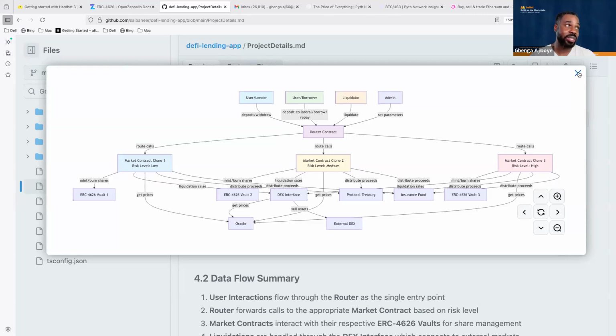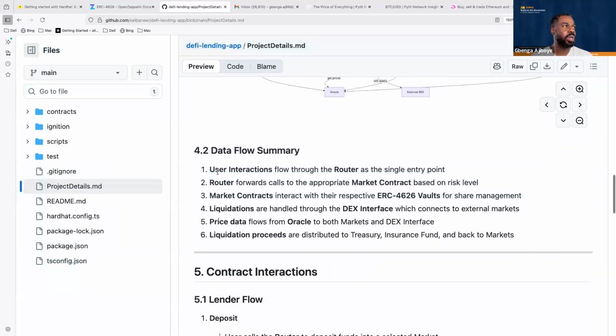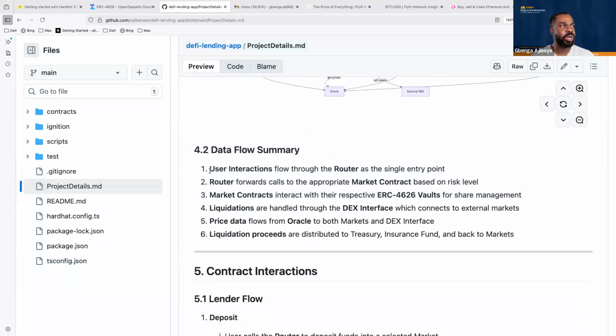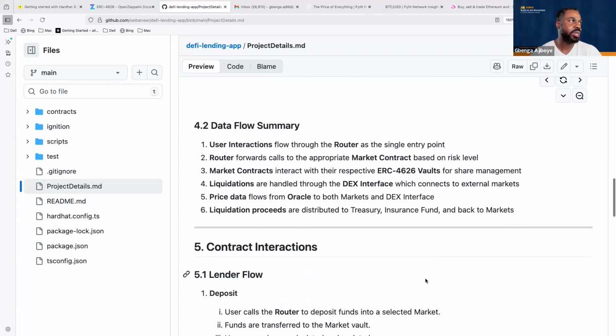So that's our contract architecture. It looks convoluted, but it really isn't. So I said here that all interactions flow through the router as a single entry point. If you're going to interact with any of these markets, you make your order here, and then he goes to the kitchen and delivers it to the chef, like creates whatever.